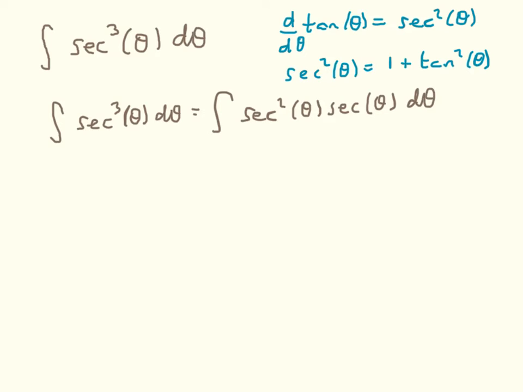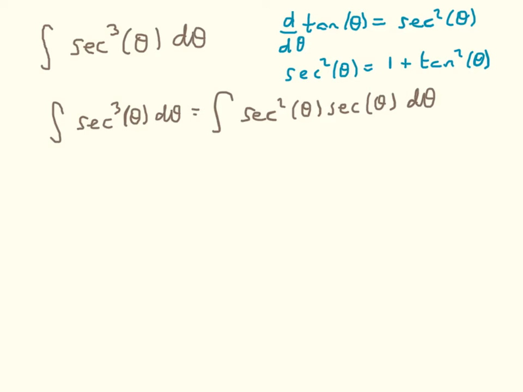We could immediately rewrite sec squared as 1 plus tan squared. The integral of sec is a straightforward, standard integral that we can learn. And then we'd be left with the integral of tan squared times sec, and that's perhaps not immediately obvious.